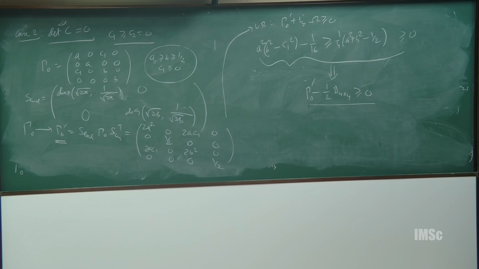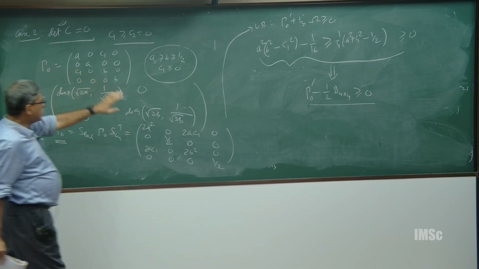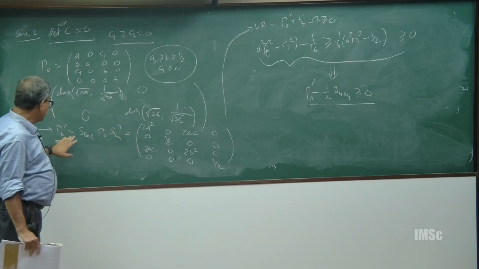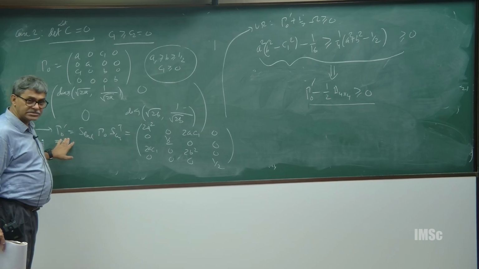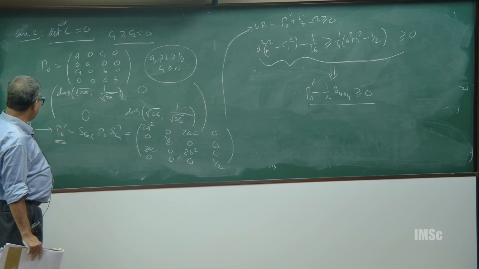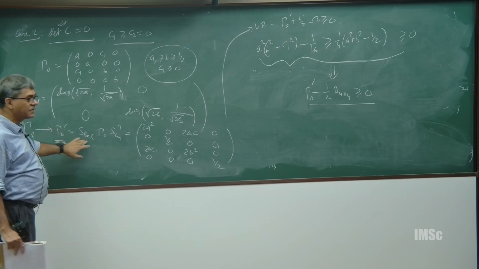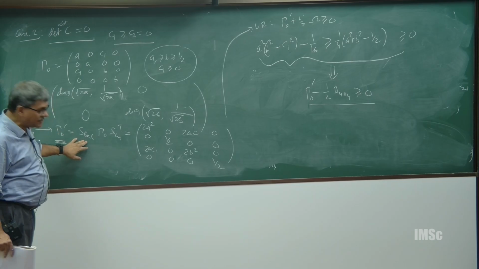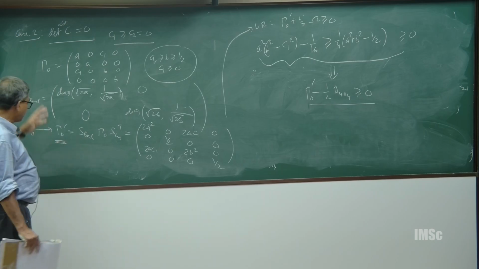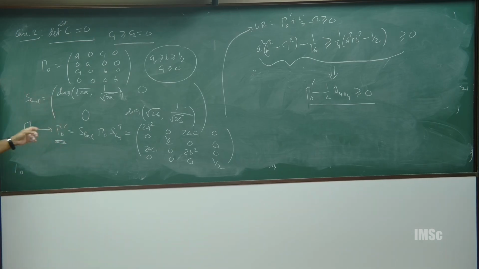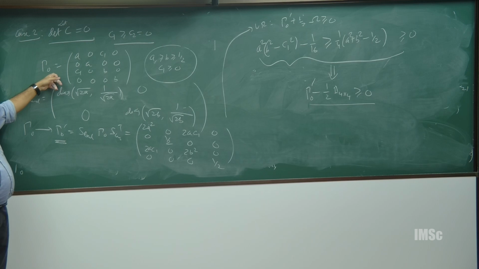So, this implies that this gamma 0 prime is a separable 2-mode Gaussian state, right. And how did you get it from gamma 0? Gamma 0 prime, how did you get it? By local symplectic transformation. It does not change the separability. And it also does not change the Gaussian character. So, therefore, gamma 0 which is here, it is also a 2-mode Gaussian separable state, right.